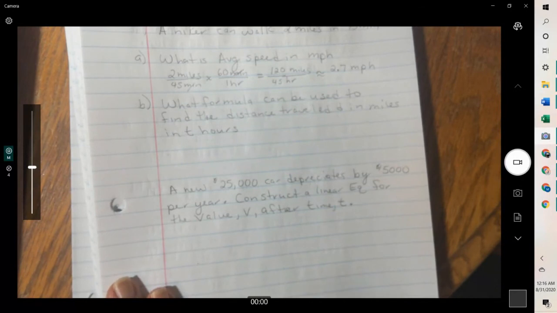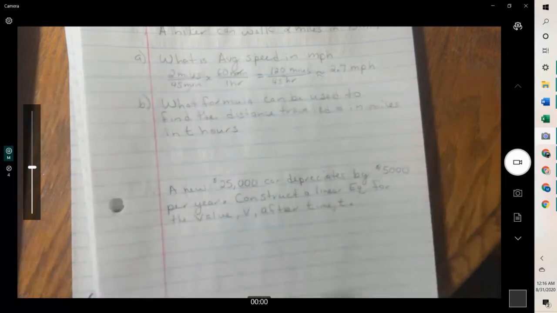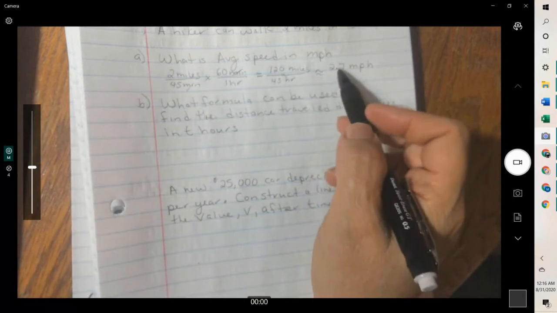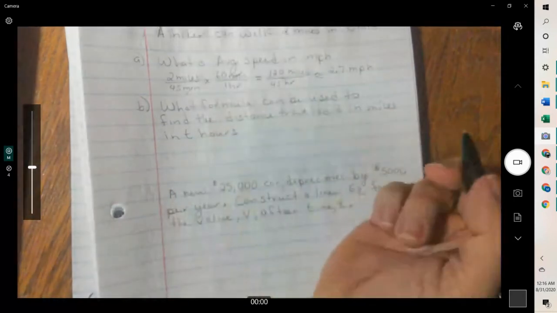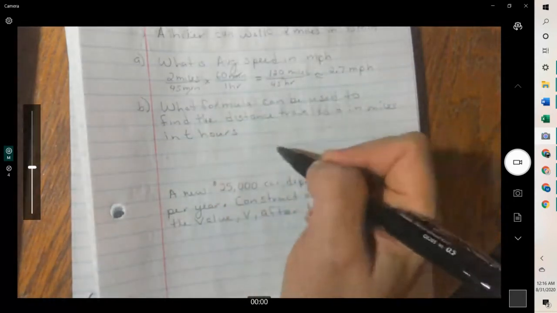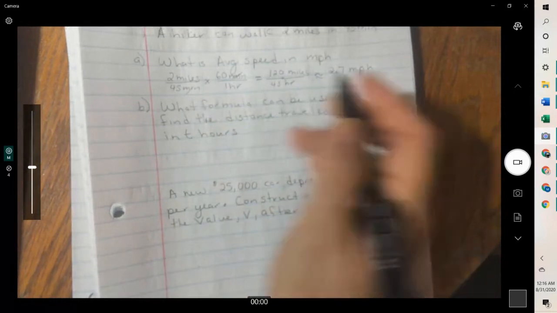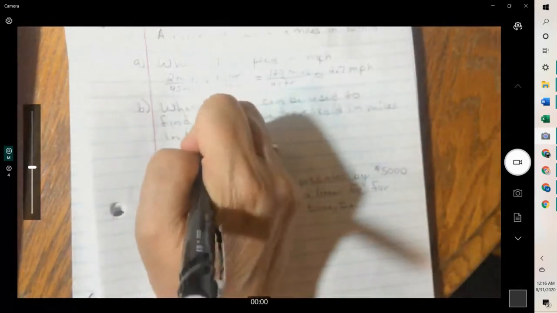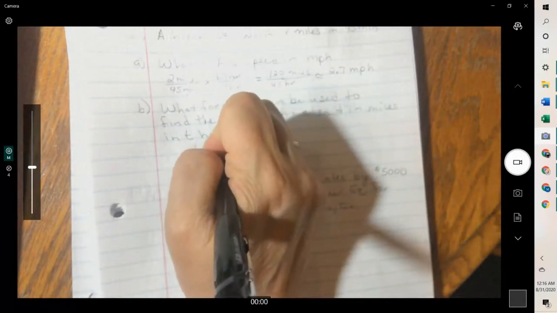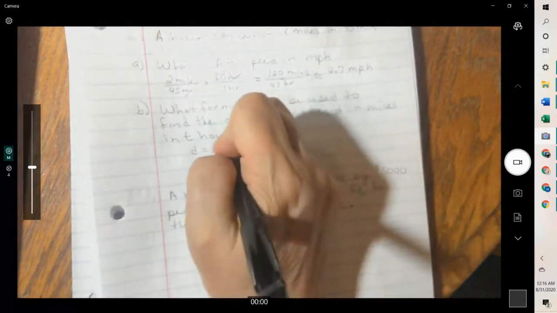What formula can be used to find the distance traveled in miles an hour? Okay, so our rate of change is 2.7. Distance traveled here is D. Our distance equals, if we're going 2.7 miles for each hour.